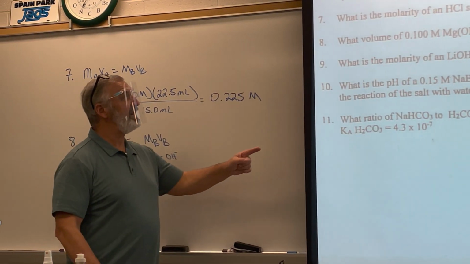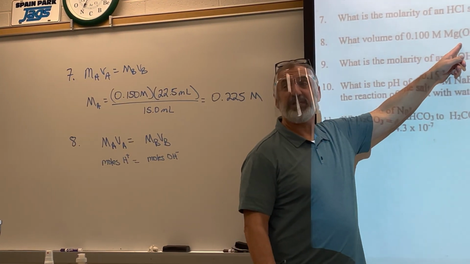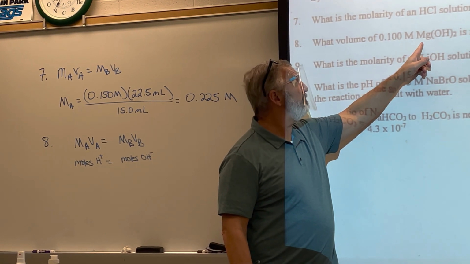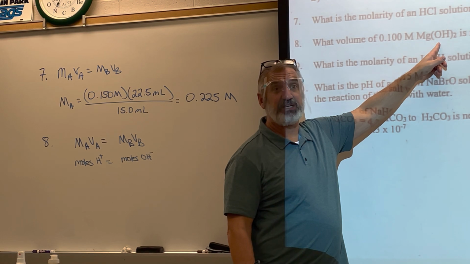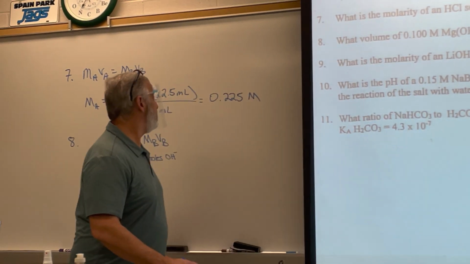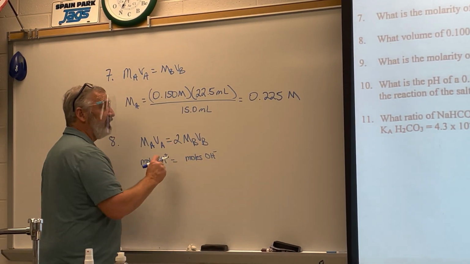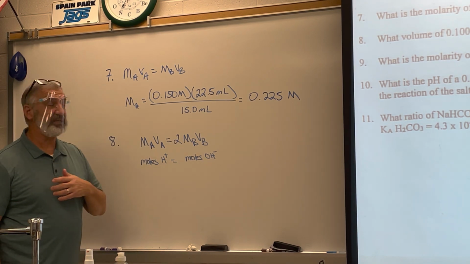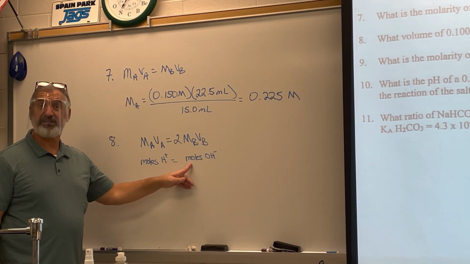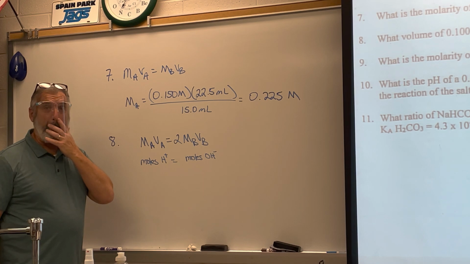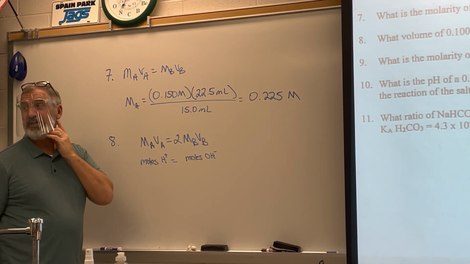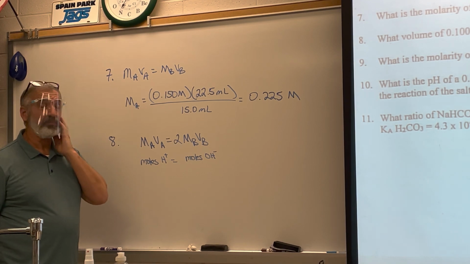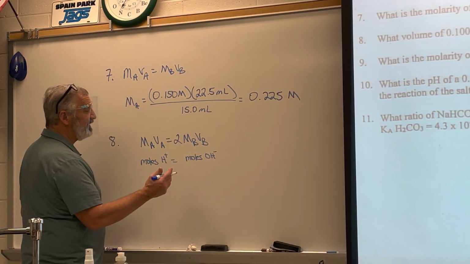But when you have a dibasic substance like MgOH2, every mole of this that goes in, you're going to get 2 moles of OH that can be neutralized. So we're going to have to put a 2 out there in front of that one because we need moles of OH minus. Is everybody seeing that and understanding that? So we do everything else the same.